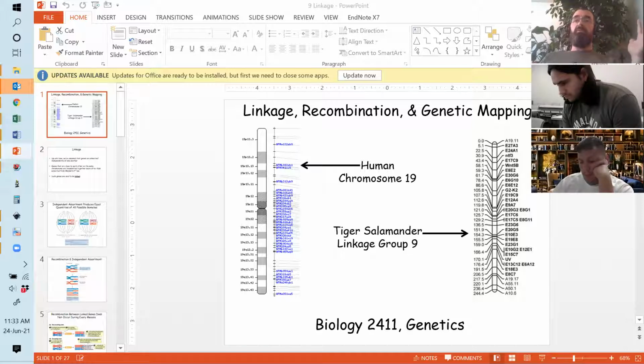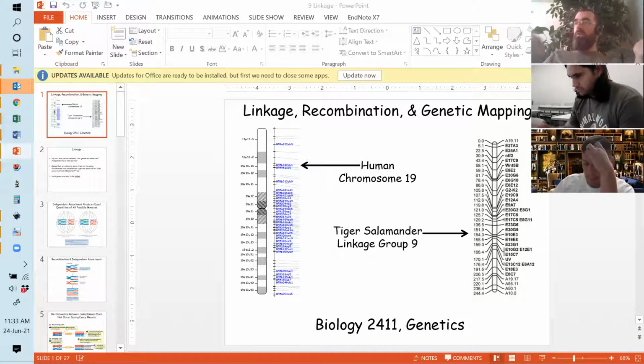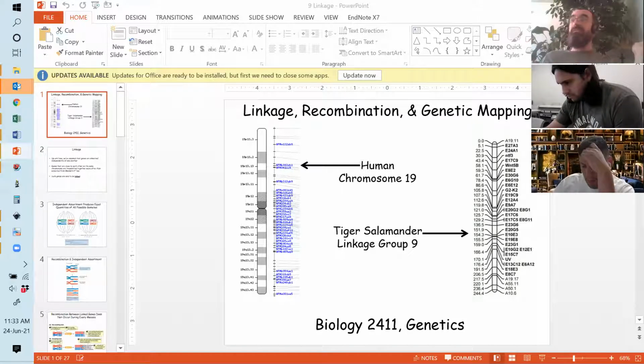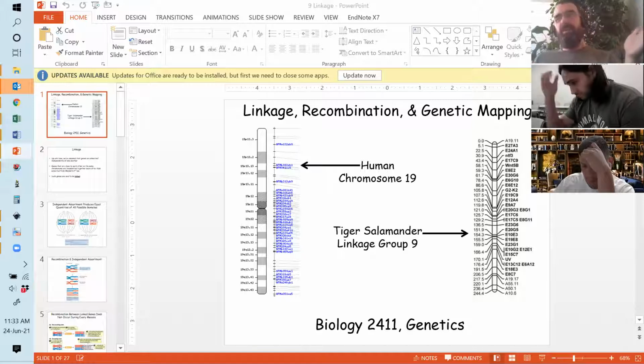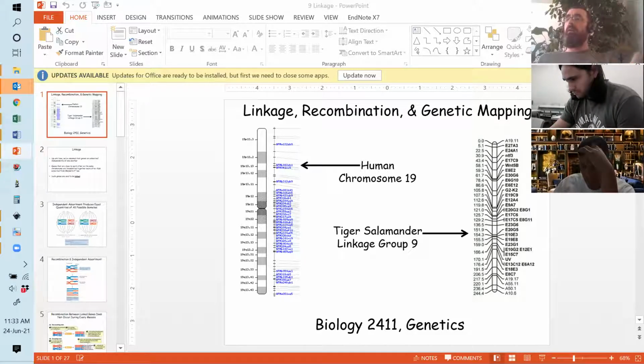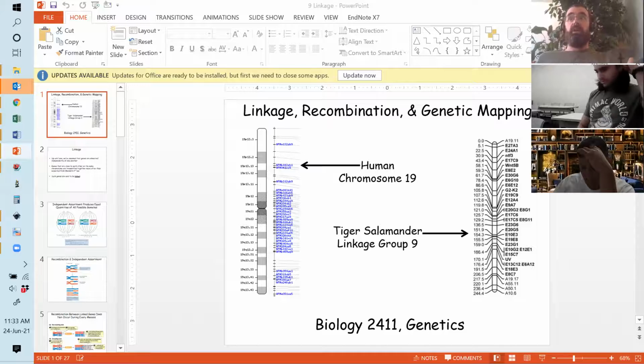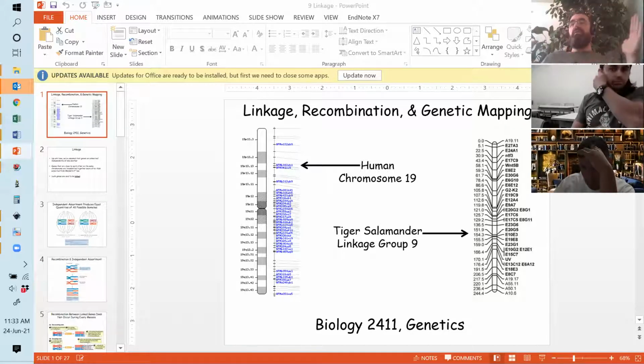Because the probability of recombination occurring is random. Could occur here, or here, or here, or wherever, right? It's not 100% random because different parts of the chromosome don't behave exactly the same way. But for our purposes, it's random. So the further apart something is, the higher the probability of that random event occurring.